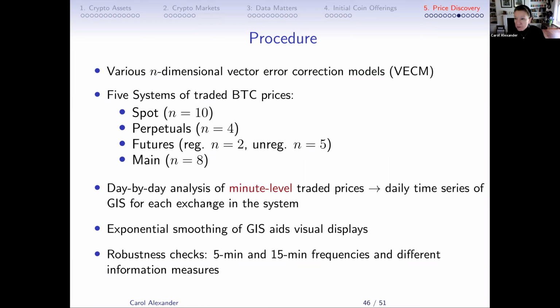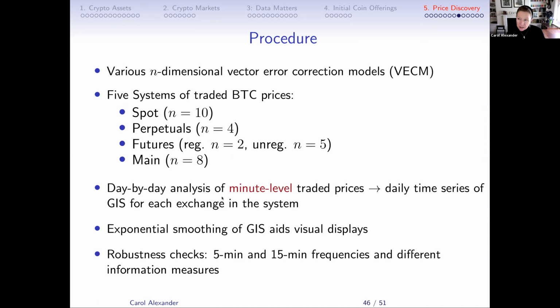So the Huobi futures and the OKEX futures and the OKEX perpetuals as well had different GIS for those. Now, if we do this day by day, you get quite a jumpy picture. So I'm going to show you those pictures in a minute, but I smoothed the data a little, just using an exponential smoother to make it a bit easier on the eye.